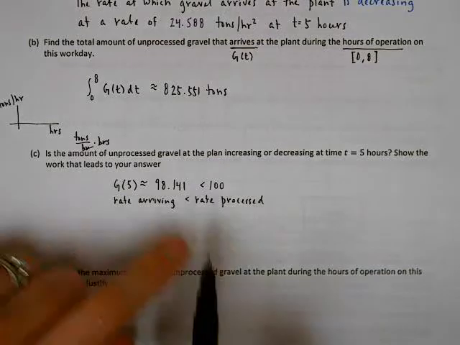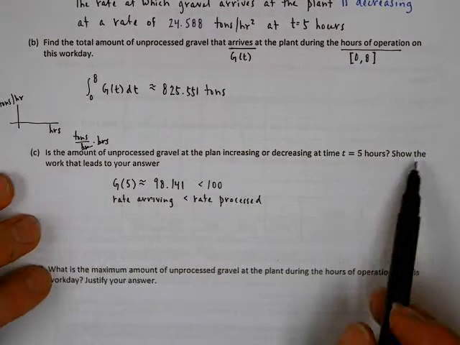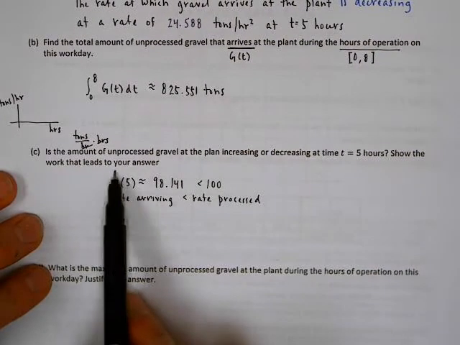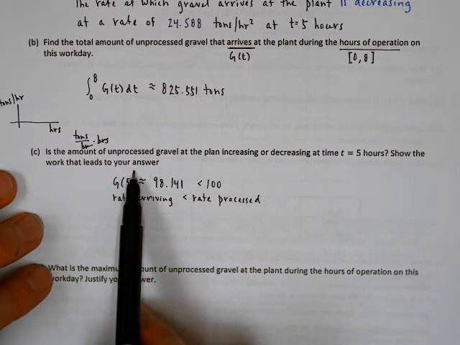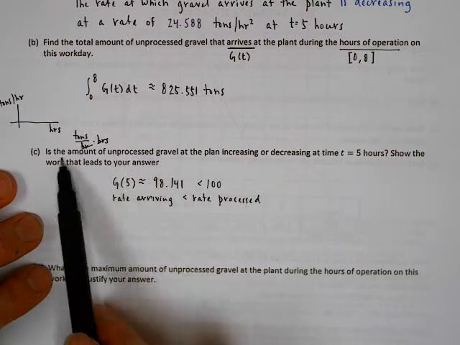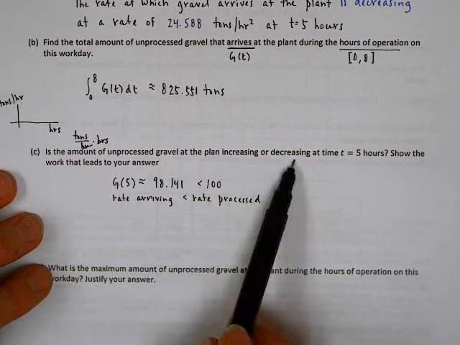So we haven't yet answered the question. What we've done is we've shown the work that leads to our answer, but we still have to very specifically answer whether the amount is increasing or decreasing.